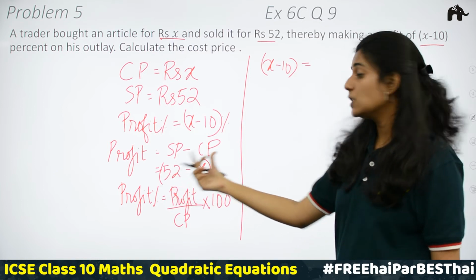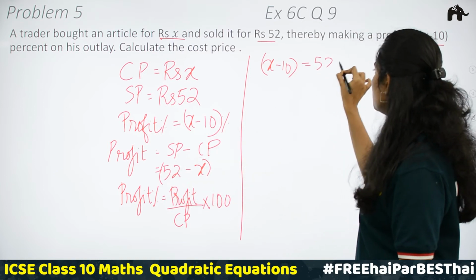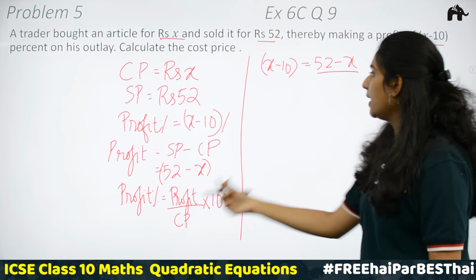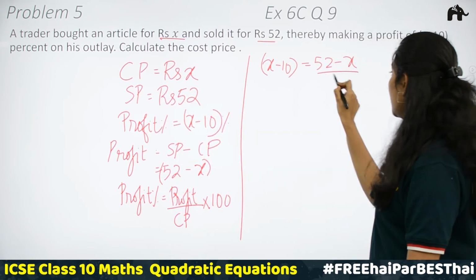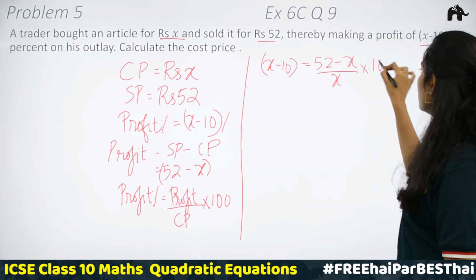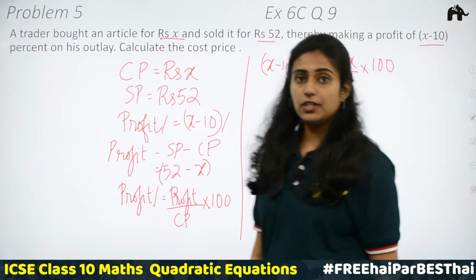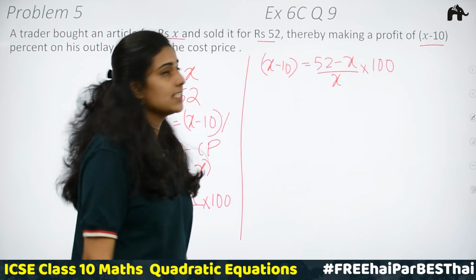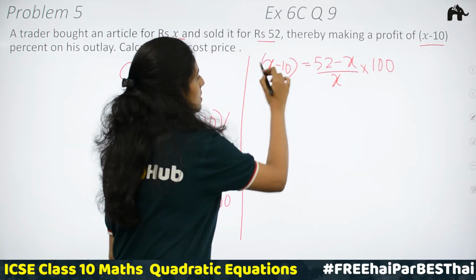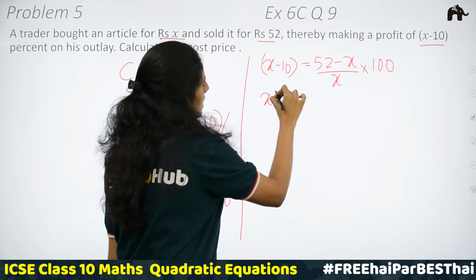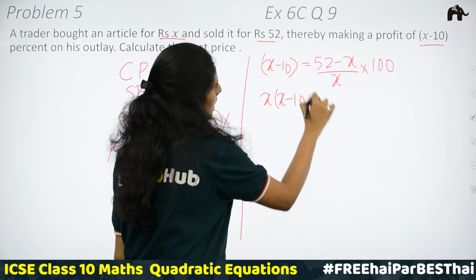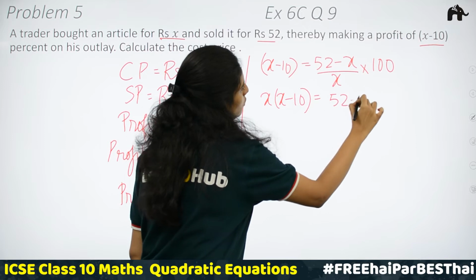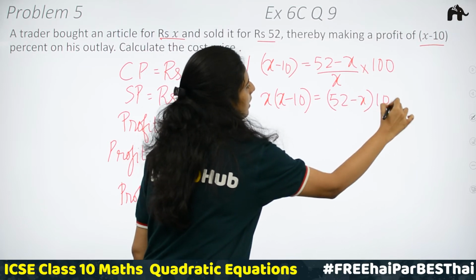Profit is 52 minus x, divided by cost price, which is x, into 100. Okay. 52 minus x divided by x into 100. Now cross multiplying this, we get x into x minus 10 is equal to 52 minus x into 100.